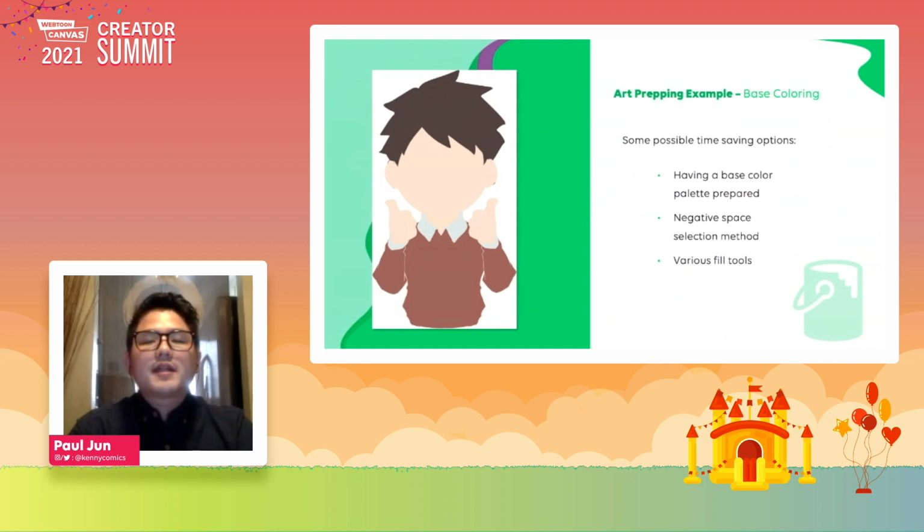So because of that, I think having an efficient approach in base coloring, including various effects and various methods of tackling this subject, really helps you make the most out of your time.